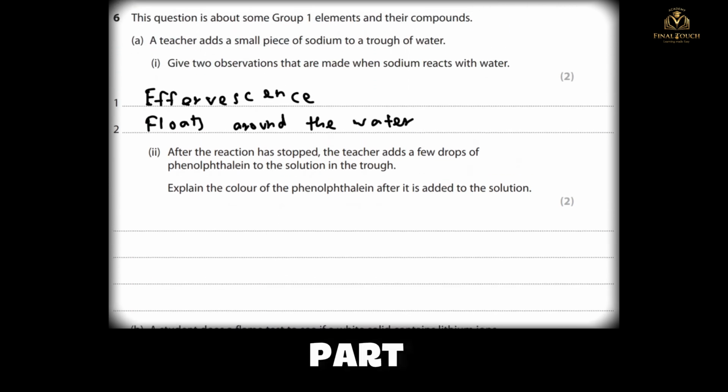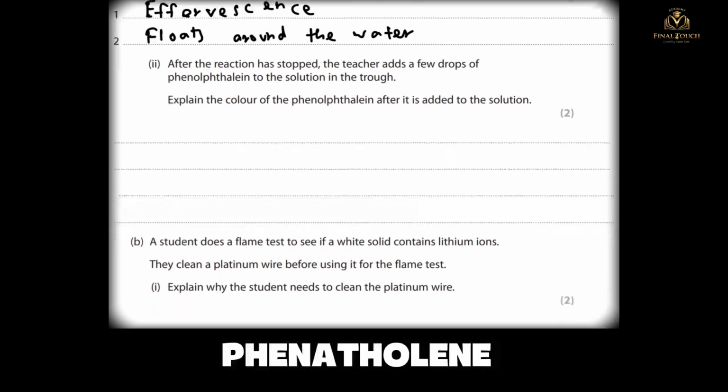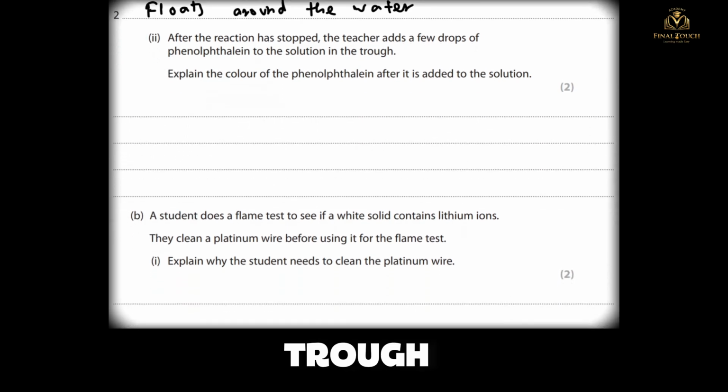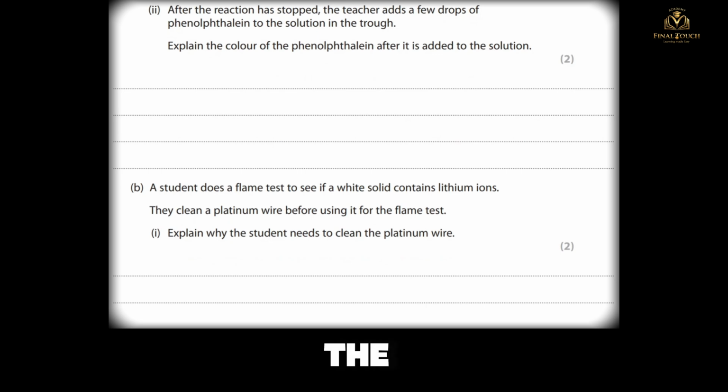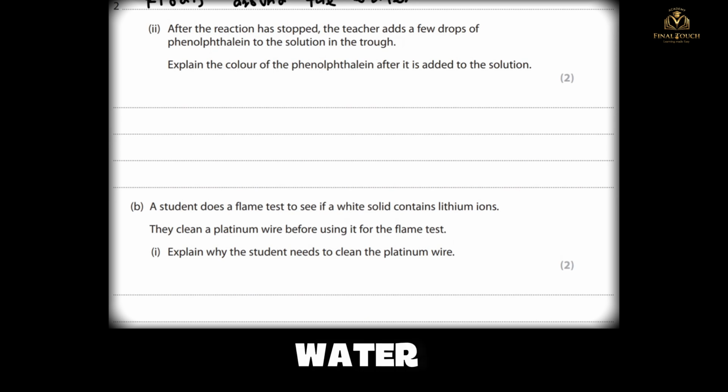So part 2 of question 6A tells us after the reaction has stopped, the teacher adds a few drops of phenolphthalein to the solution in the trough. Explain the color of the phenolphthalein after it is added to the solution. So some phenolphthalein was added, and since it was reacted with water, we have OH minus ions present.